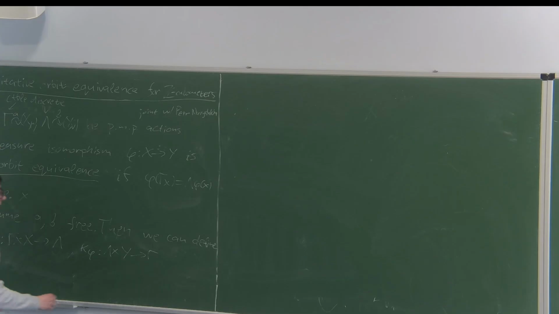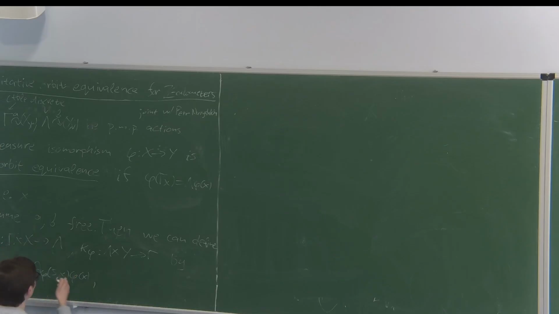So the exact relation is the following. So phi of, let's say, some s x should be the same as lambda phi of s acting on x, phi x.